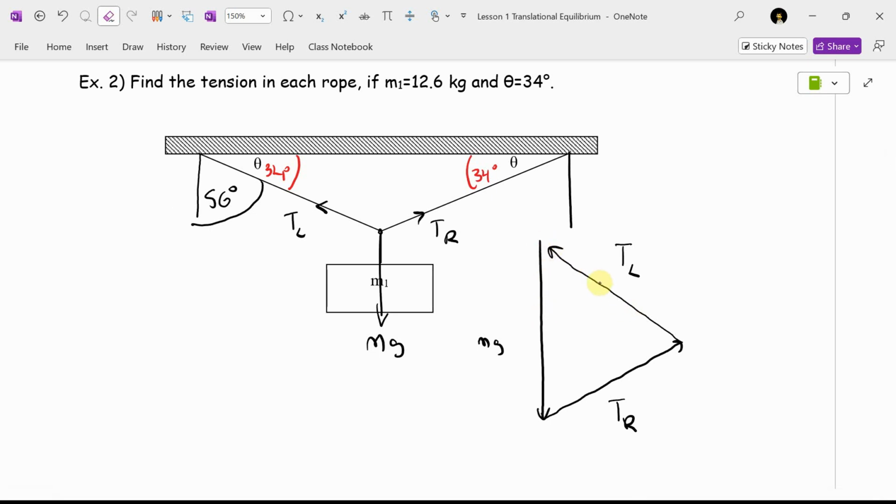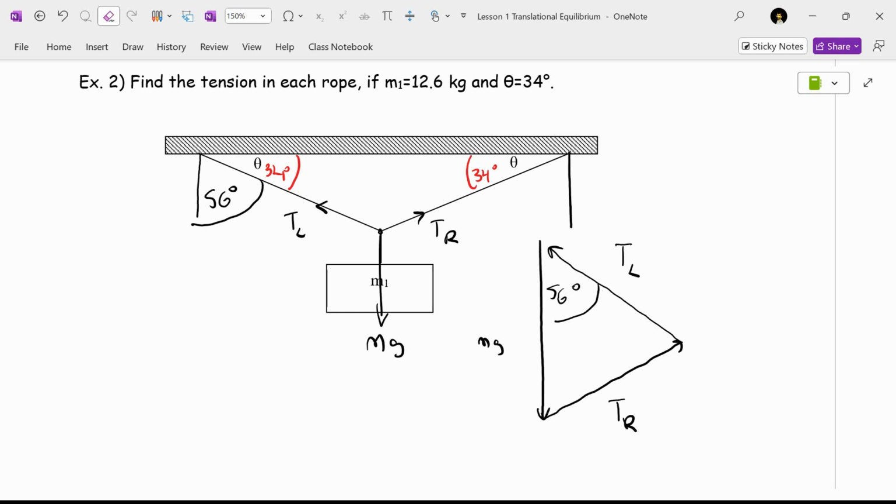This has got to be. Now, because the mass is hanging in the center, because both angles are the same, this is actually going to end up being an isosceles triangle. Another angle is going to be 56, but I'll show you what if you didn't know that.